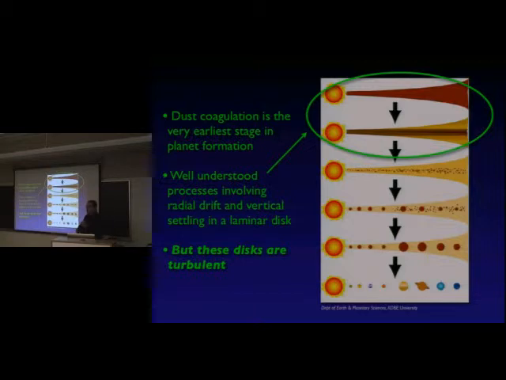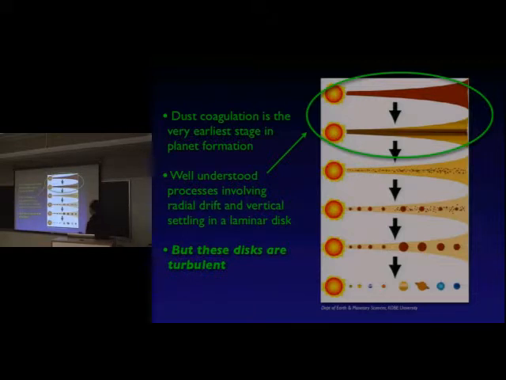There's been a lot of analytic work on studying these processes, especially, and what I'm going to focus on early on, in the context of laminar disks, where the fluid is not doing much other than orbiting around and then spiraling inwards.